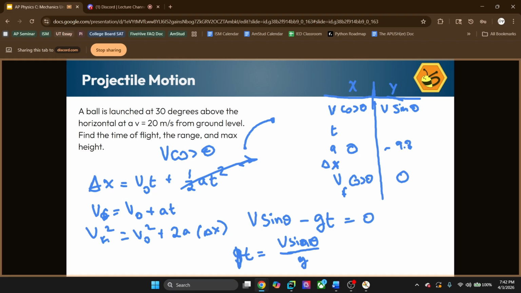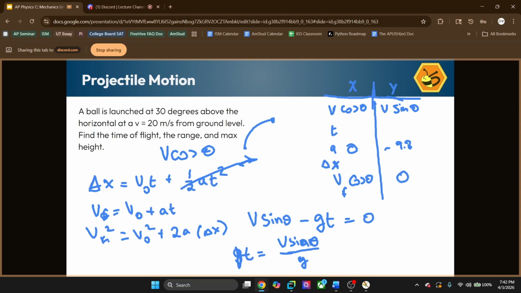Once we punch that into a calculator, we should get the time it takes for the ball to go from ground level to max height. Also, make sure your calculators are in degree mode, because the only time you use radians in physics is in oscillations.